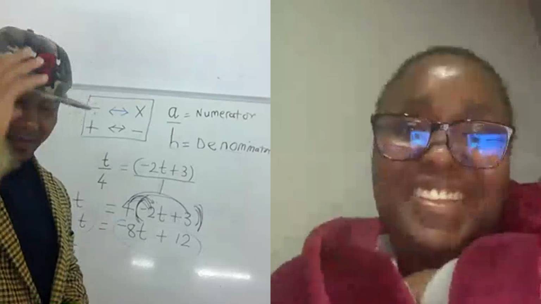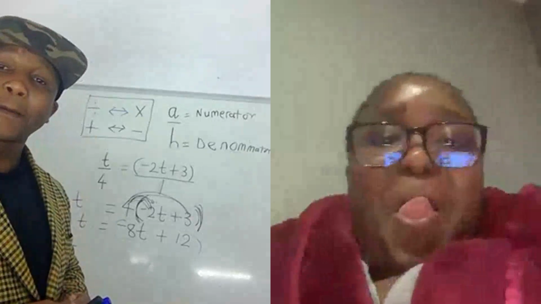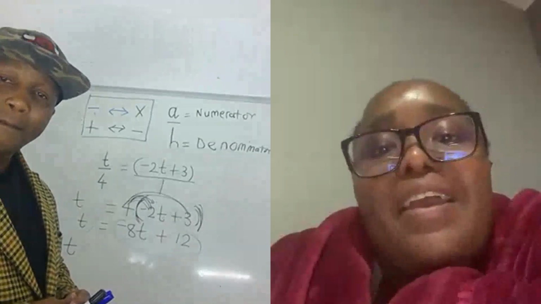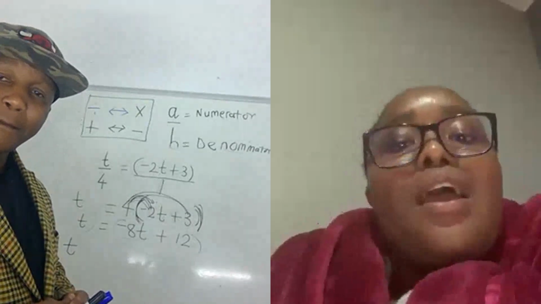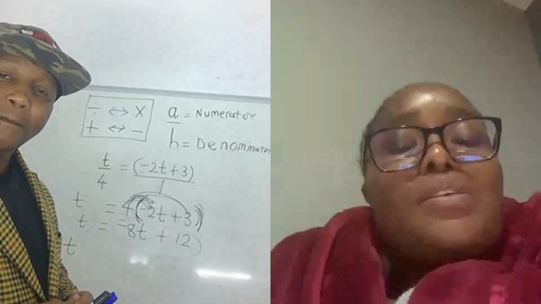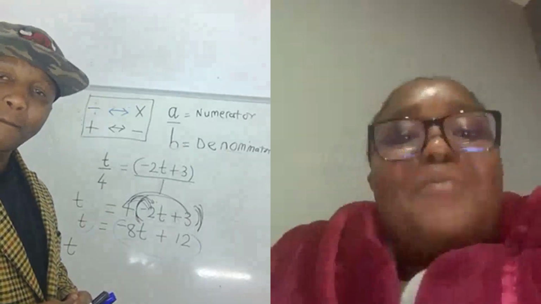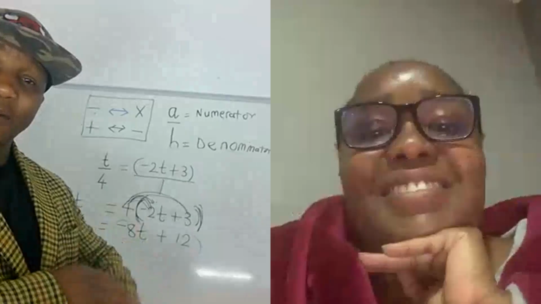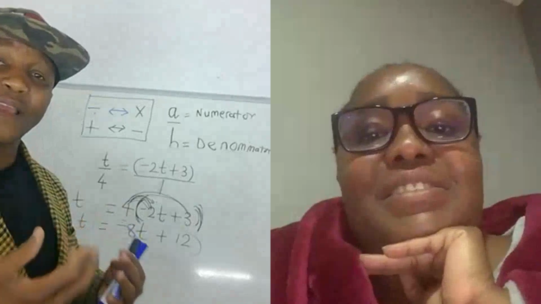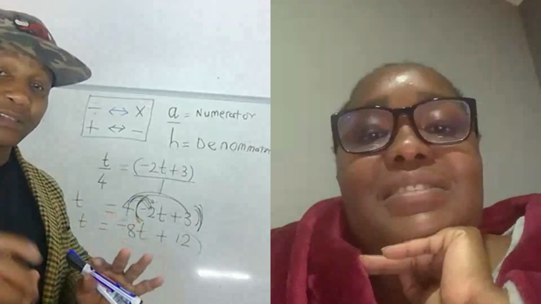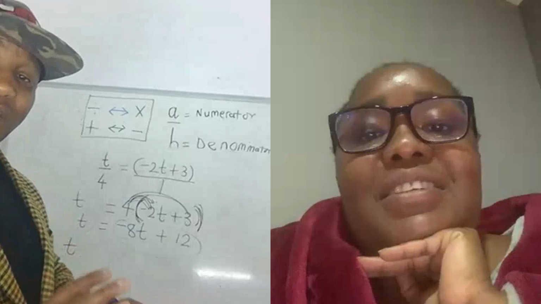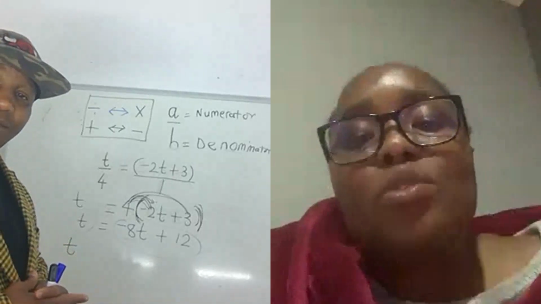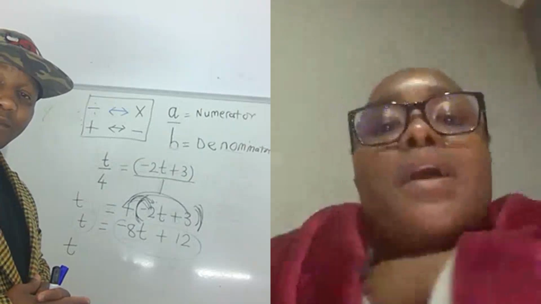Okay, so you're going to take the negative 8 to the left side of the equal sign. No, no, Fifi, get serious. Let's get down to it because of time. Just go on, say the right thing. You're doing well, but be confident. So you're going to take the negative 8 from the right to the left side of the equal sign.